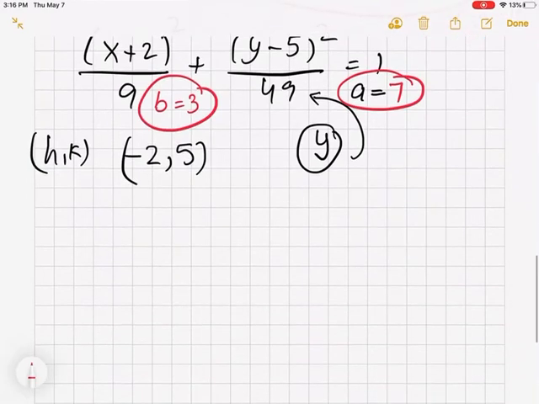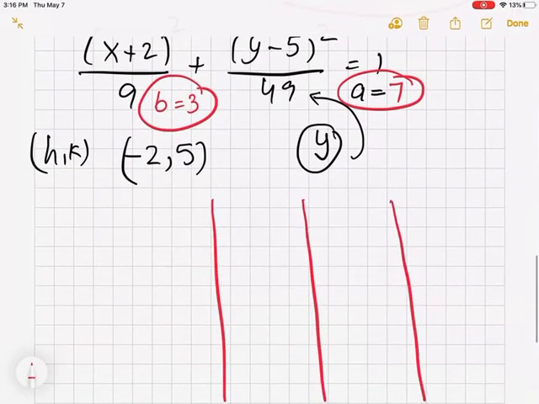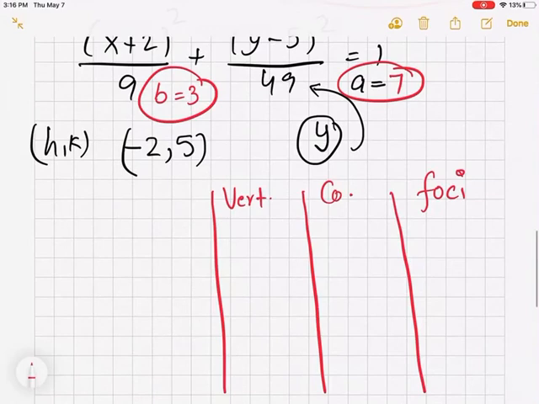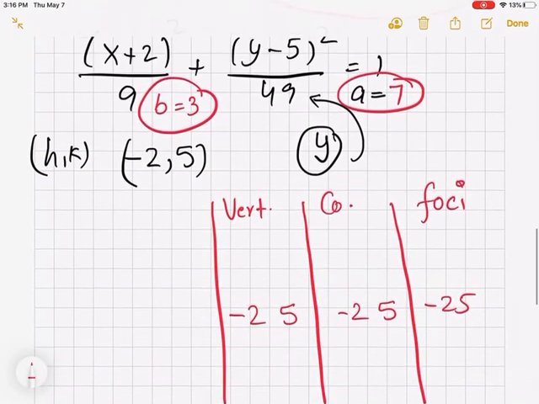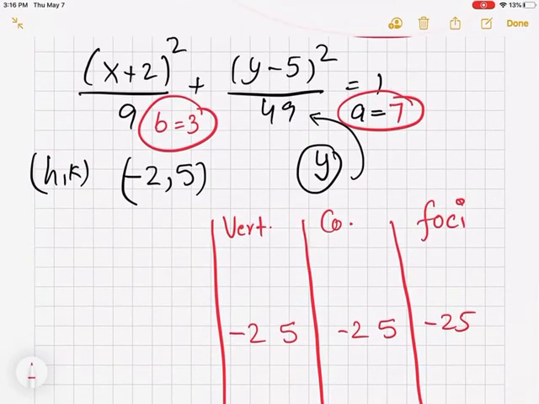I'm going to make a table. So if I'm looking for vertices, co-vertices, and I'll even do foci for you, first thing I would put the center point in the middle. Vertices are going to be on the major axis. Major axis is Y, so the y changes and x stays the same.